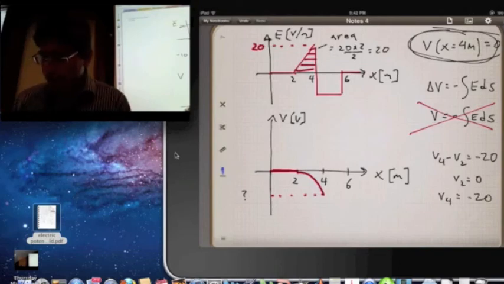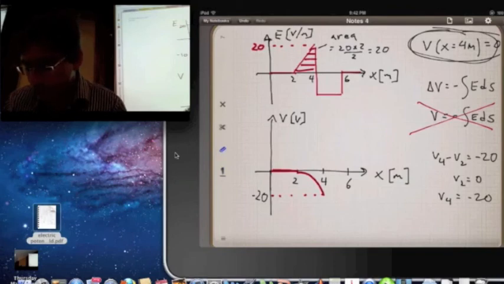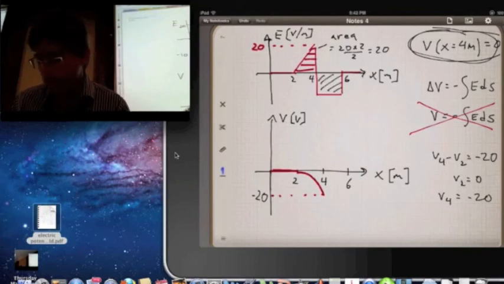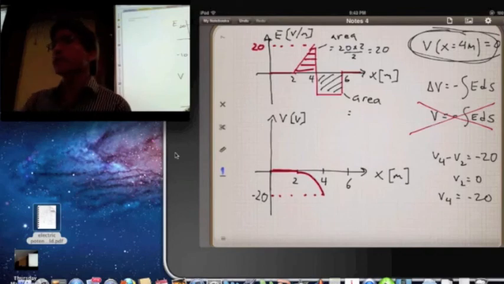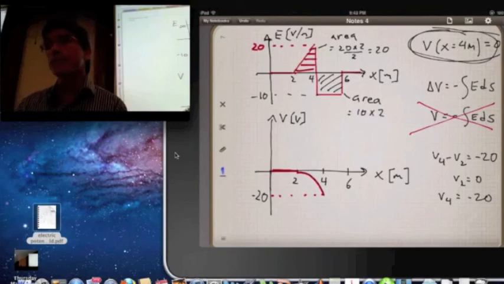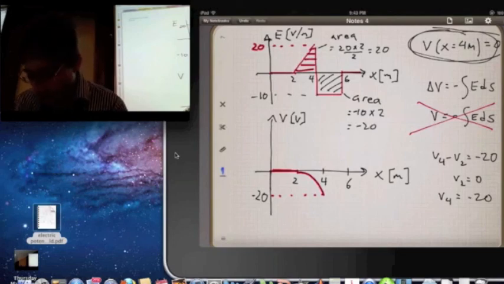Now what about between 4 and 6? Between 4 and 6 the area under that curve is 10 multiplied by 2, that's 20. The area is minus 20 because it's under the x-axis, minus 20. With the minus in the equation for delta V gives you 20, right? So the potential is going to increase by 20 between x equals 4 and x equals 6.